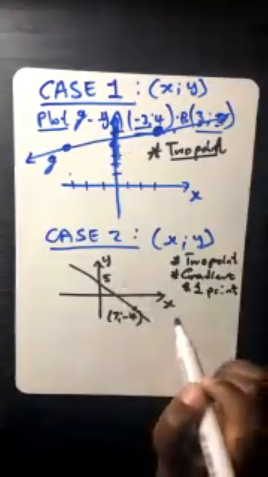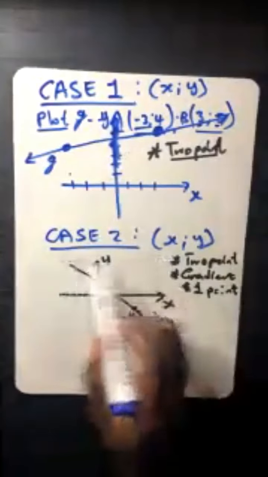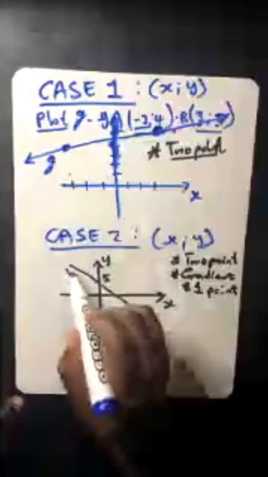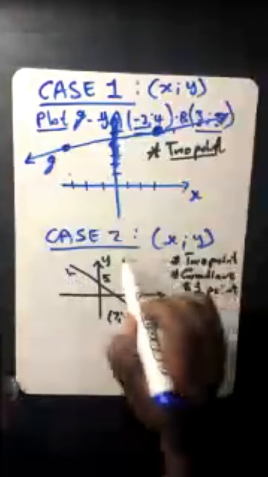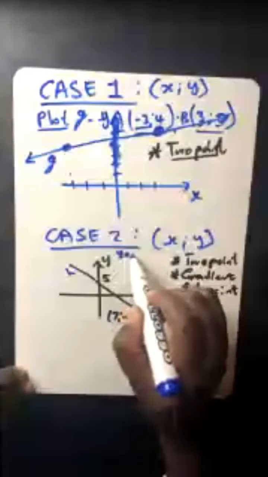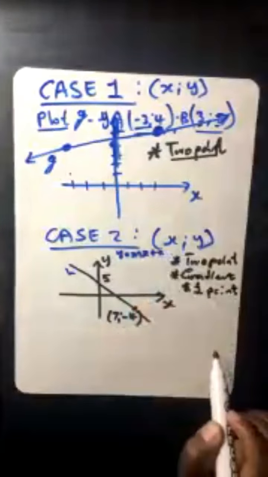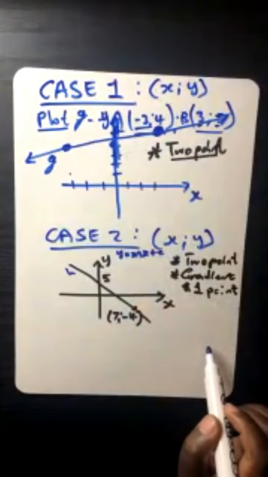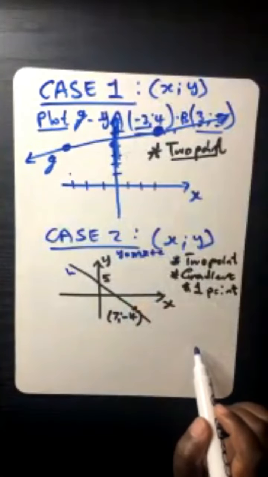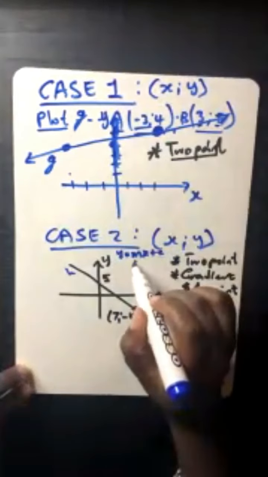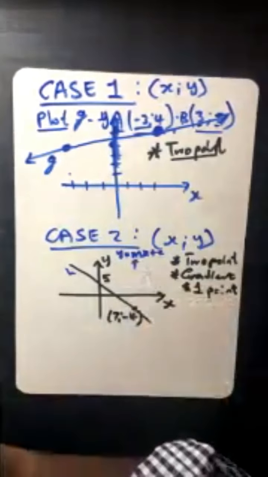Okay, so now for case number 2, they say determine an equation of straight line H in the form y is equal to mx plus c. So that is the question, guys. In this case, you need to firstly find your gradient.